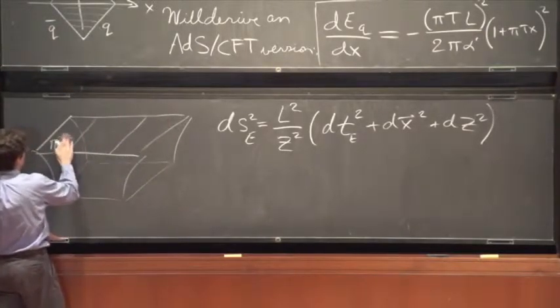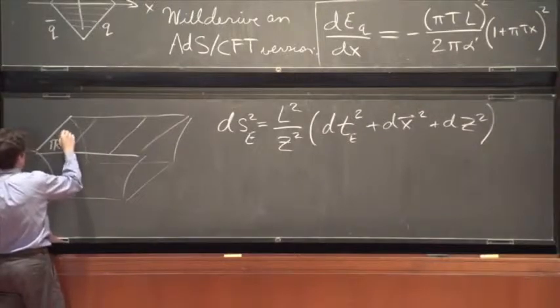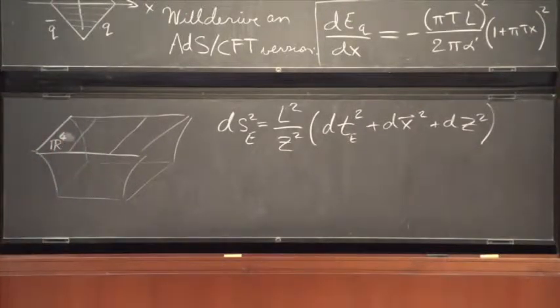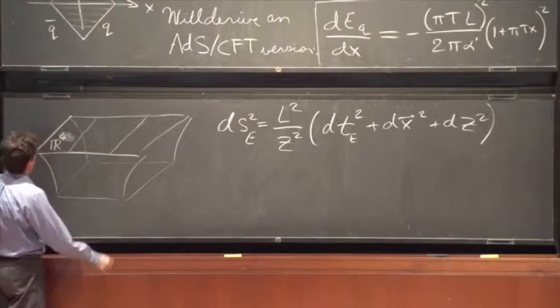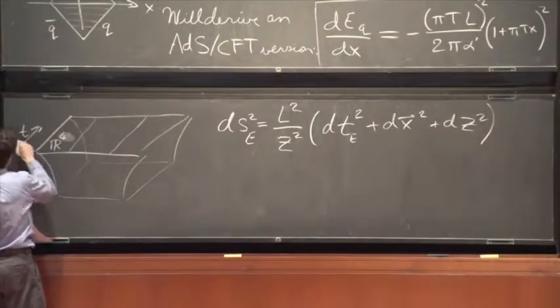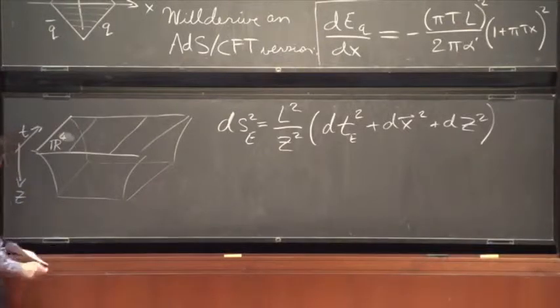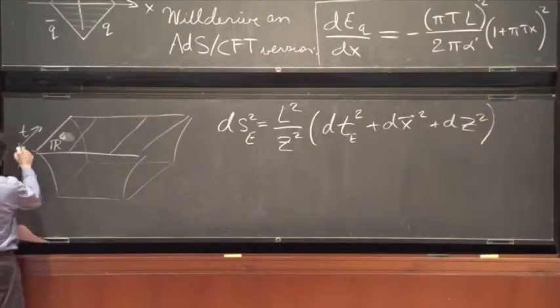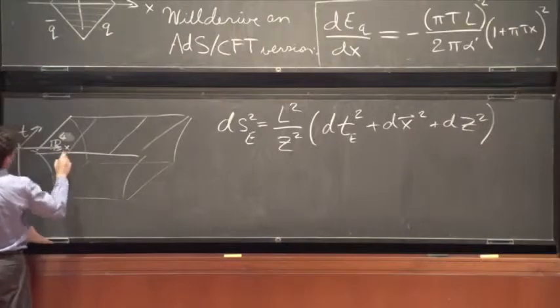I told you that this is the Euclidean geometry, so I'd better make this boundary R4. And let me suppose that this direction is t, and this direction is z, and the boundary is at z equals 0. And then maybe this direction, we'll call it x.